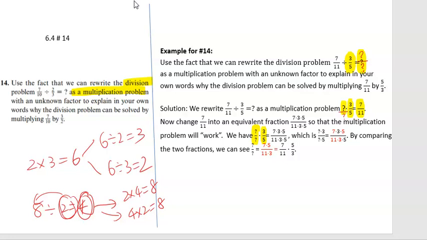Here I'm going to explain the process. What fraction times 3/5 equals 7/11? Although we don't know what the numerator and denominator are, we can still multiply straight across, which means top times top, bottom times bottom.